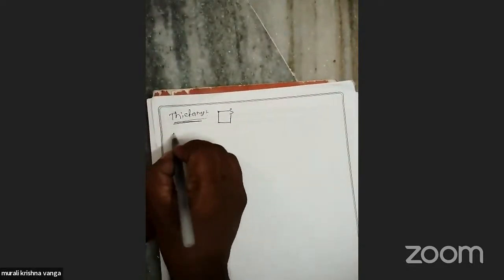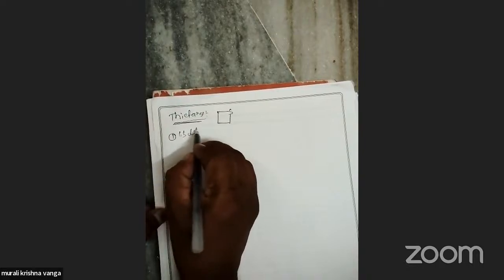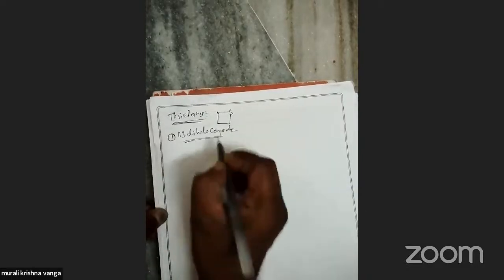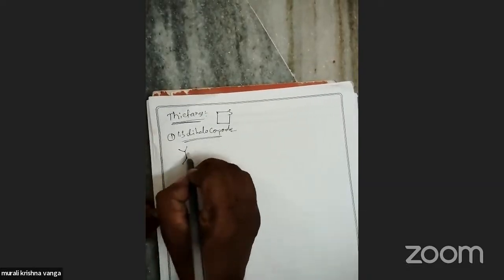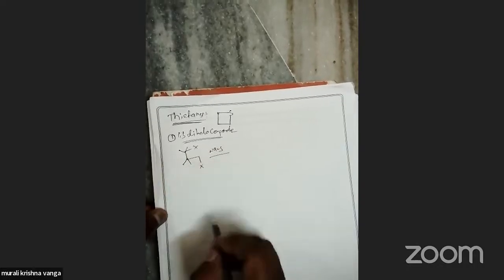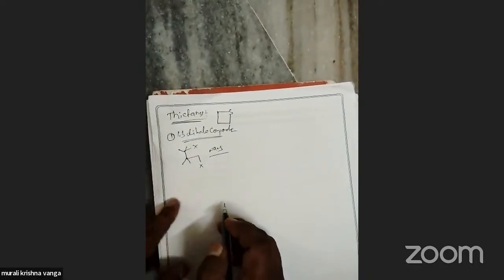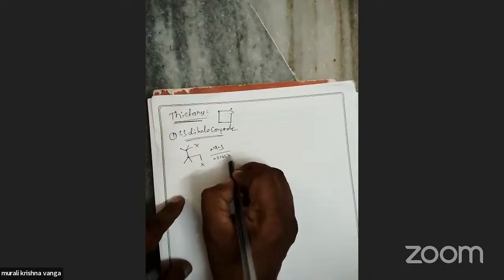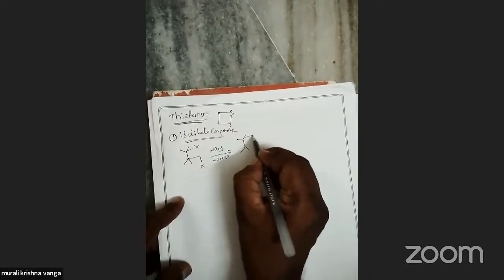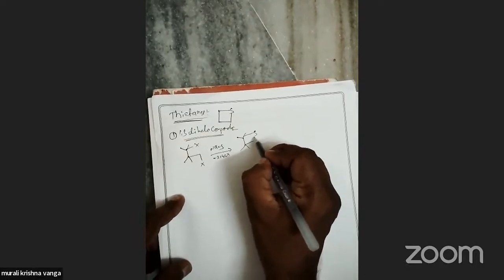For the synthesis of this compound, when 1,3-dihalo compounds react with Na2S, there is loss of 2 moles of NaX, and then the ring forms with sulfur.